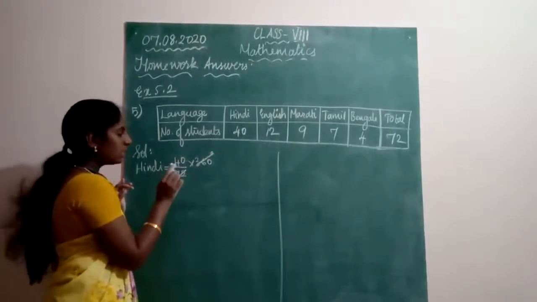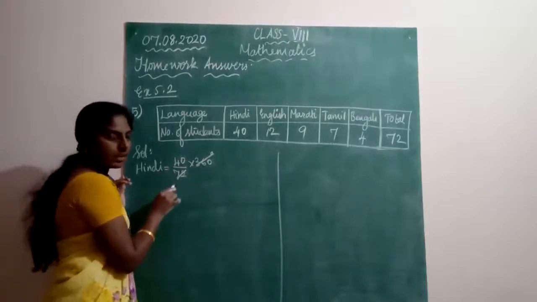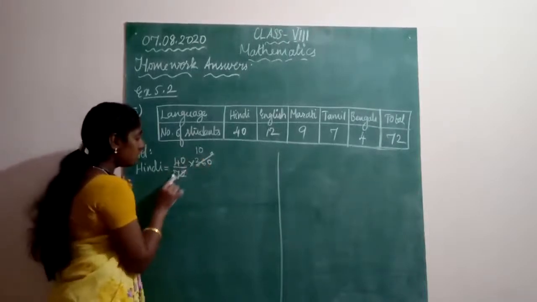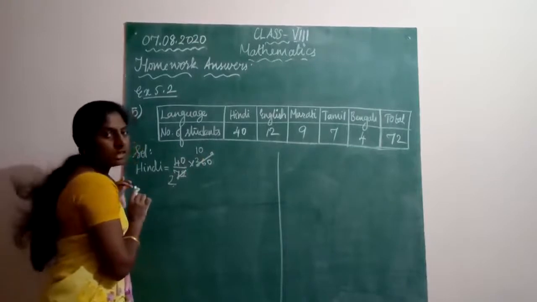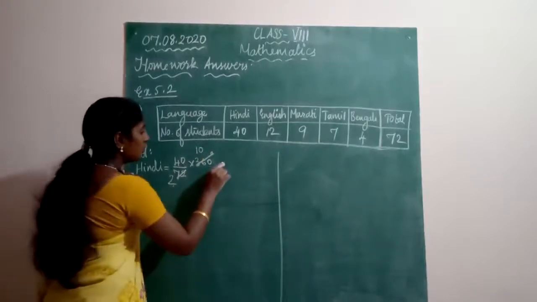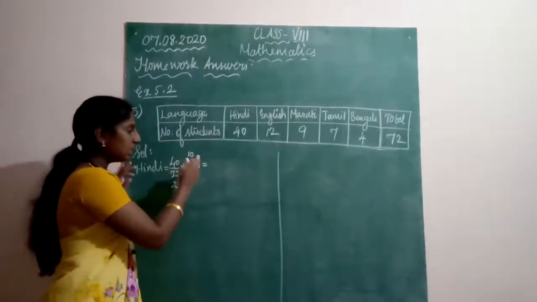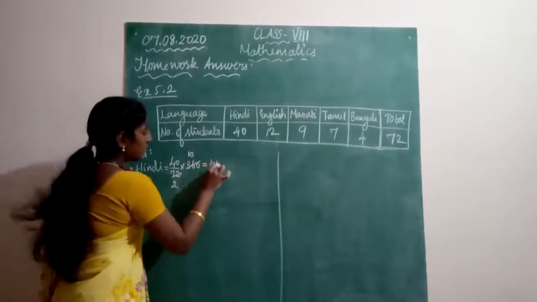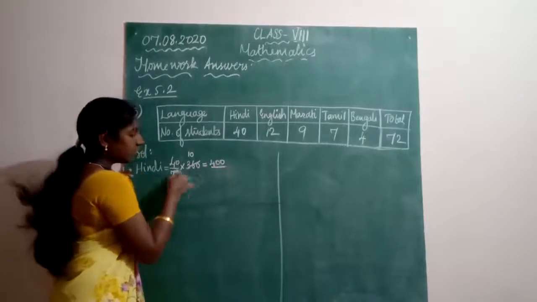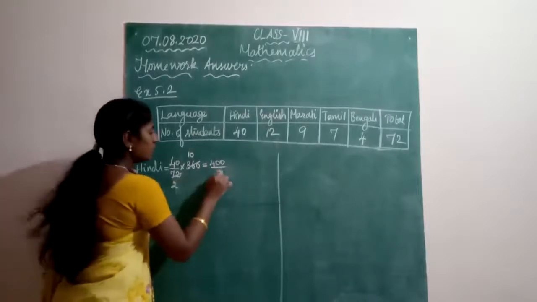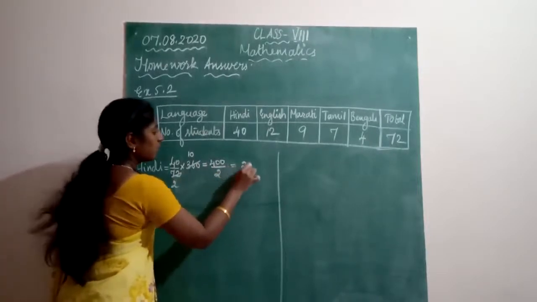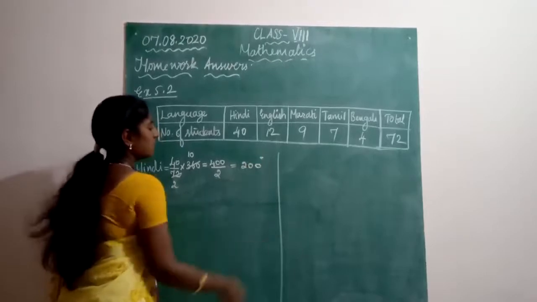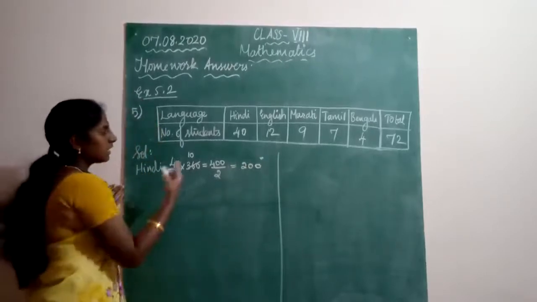Okay, because 36 twos are 72. So here if you write 10, here you can write 2. Is it clear? So here you have 40 into 10. So what is 40 into 10? It is 400. Okay, so 400, and in the denominator you don't have anything except 2. So divided by 2, that is nothing but 200. Okay, so 200 degree.